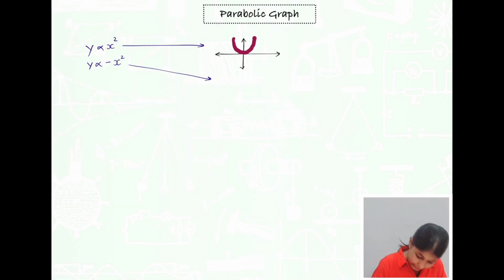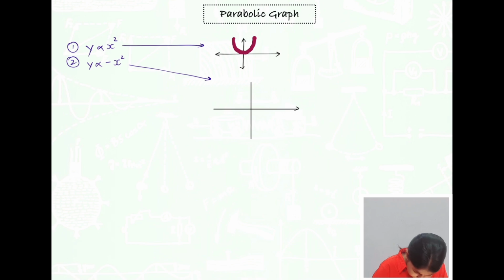This is the first criteria, this is the second criteria. In case of this criteria where the x is negative, what are we going to do? We are going to make it a little different. It will also form a parabola, but in a different way.